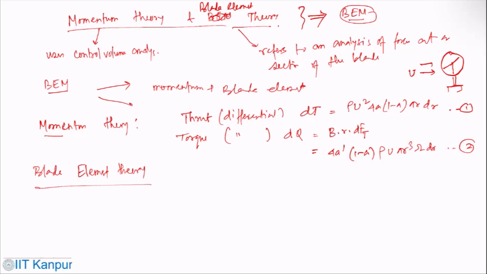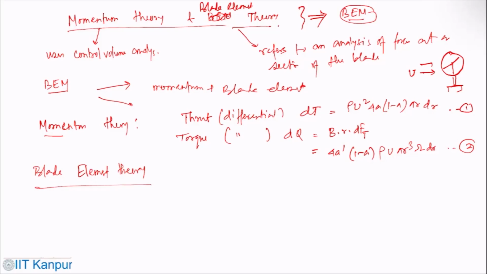There are some assumptions. One is that there is no aerodynamic interaction between the elements, so there is no radial flow as such, and the forces on the blades are determined solely by the lift and drag characteristics of the airfoil. That we have already done. Obviously, you need to consider the wind, lift, drag, perpendicular forces, parallel forces, and effective relative wind. All these come into the system.